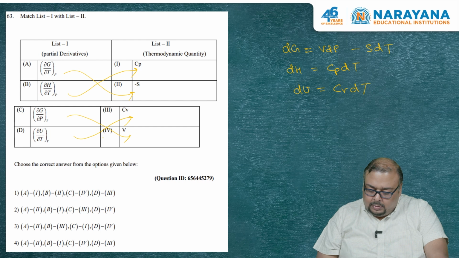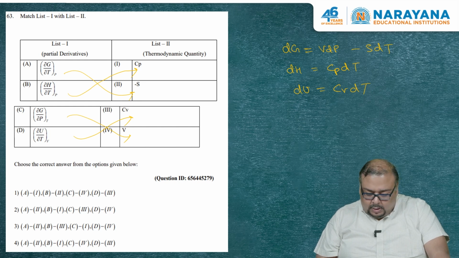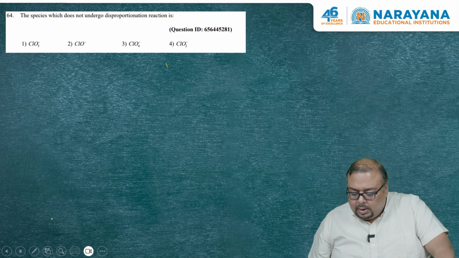So A is 2 and B is 1, and C is 4 and D is 3. So the correct option is option 4. Next is question number 64.